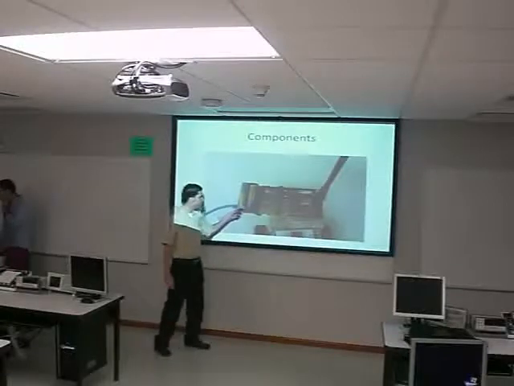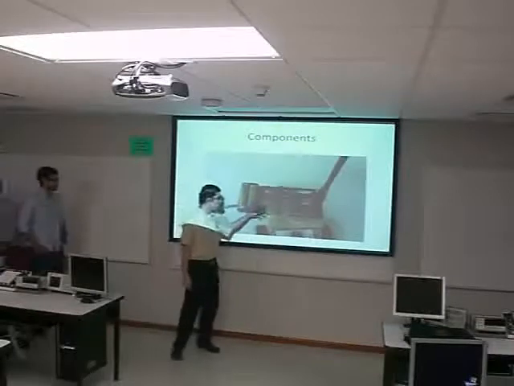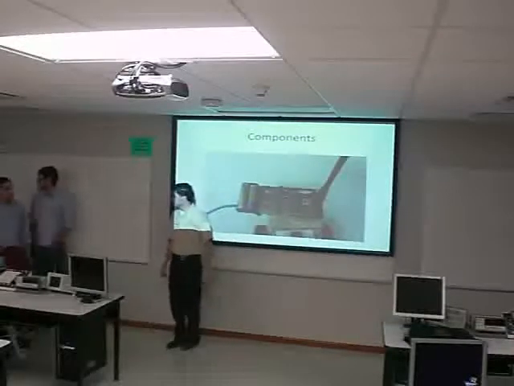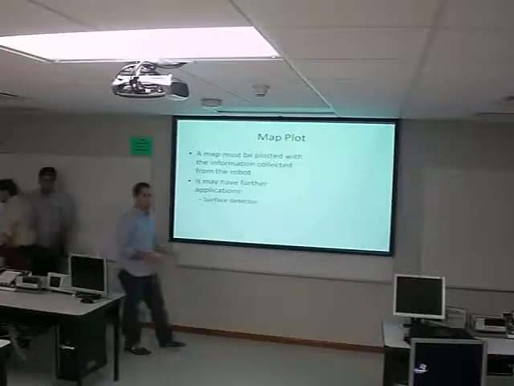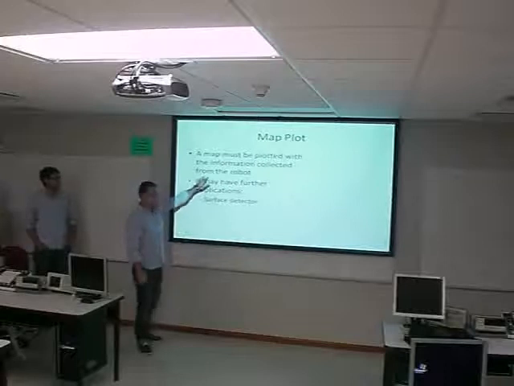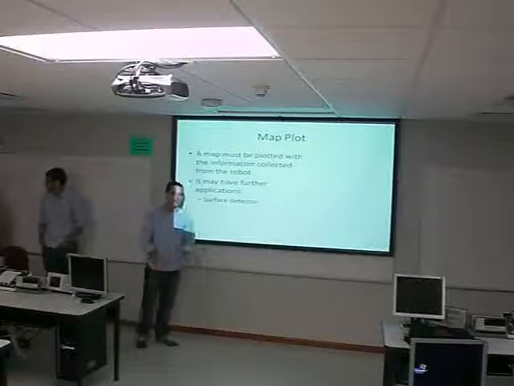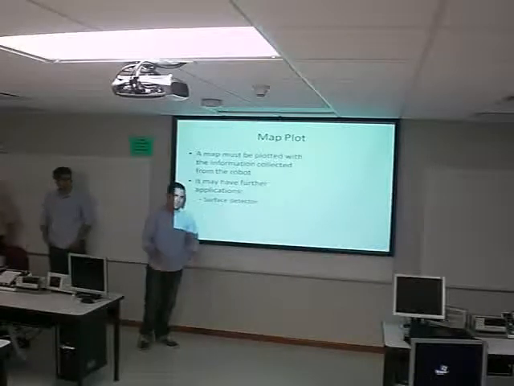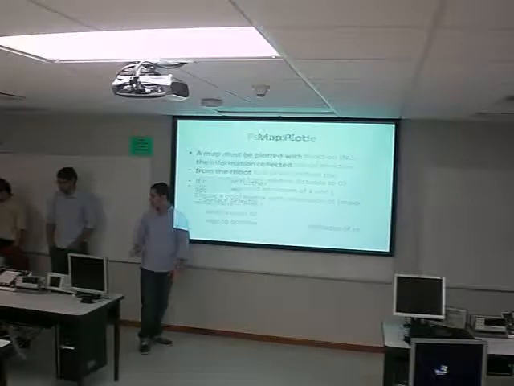It is used to send the information from the car to the PC. Then we want to do a plot of the information gathered from the robot. So a map must be plotted from the robot, and it may have further applications, as I explained before, like any kind of surface detector, so you can get what is on the surface.